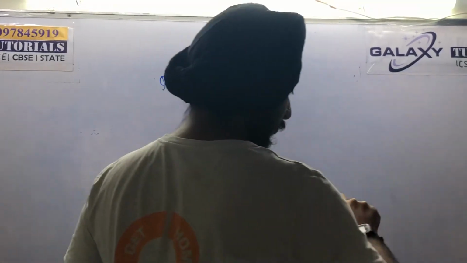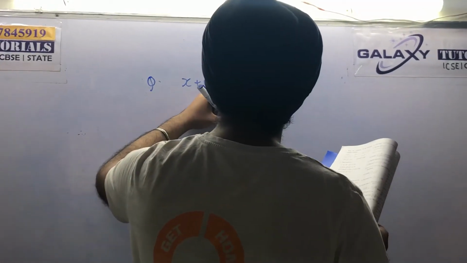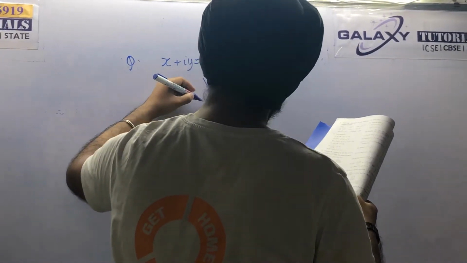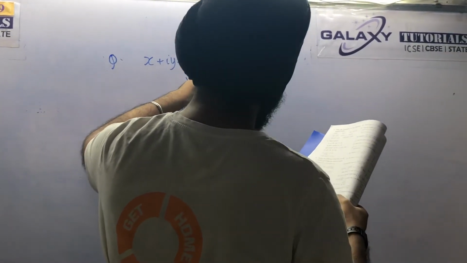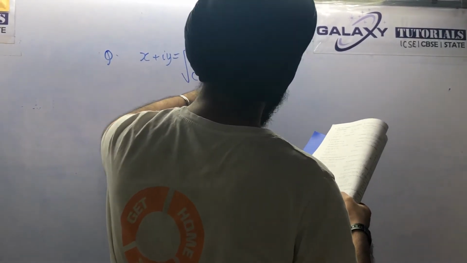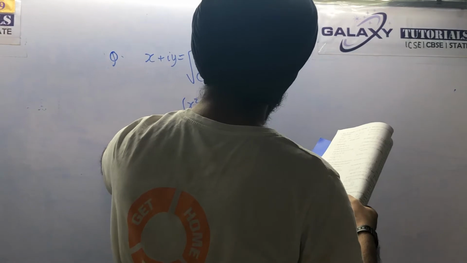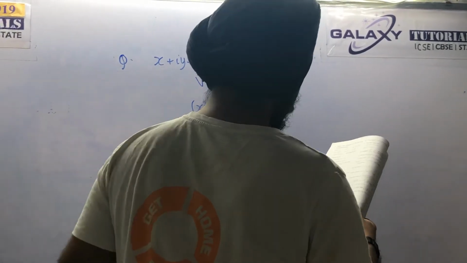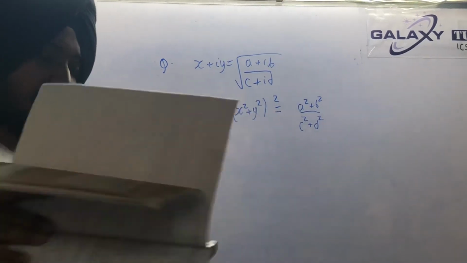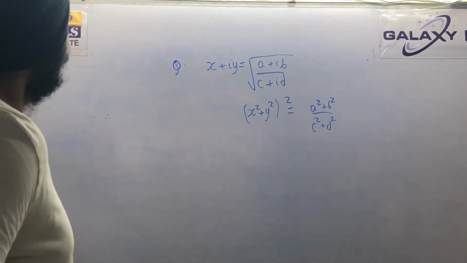And we have to prove (x square plus y square) whole square is equal to (a square plus b square) upon (c square) plus d square. This is what we have to show.